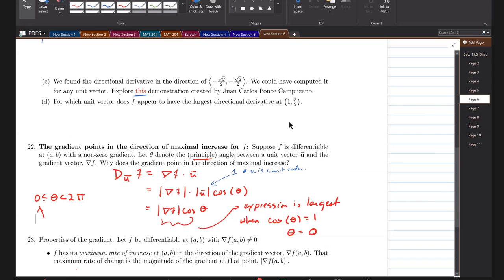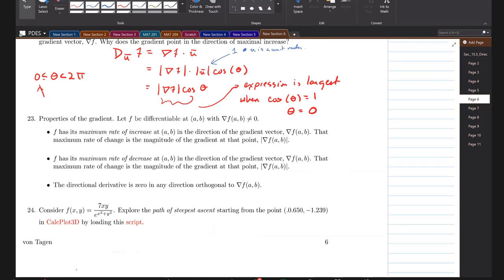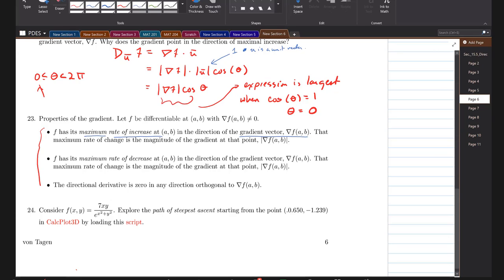Okay, so everything we've just said is summed up in these three statements here. First of all, f has its maximum rate of increase in the direction of the gradient vector. And that maximum magnitude is simply the length of your gradient vector.